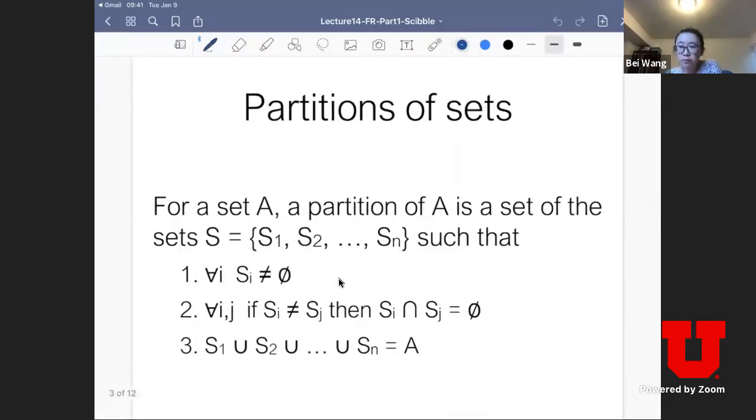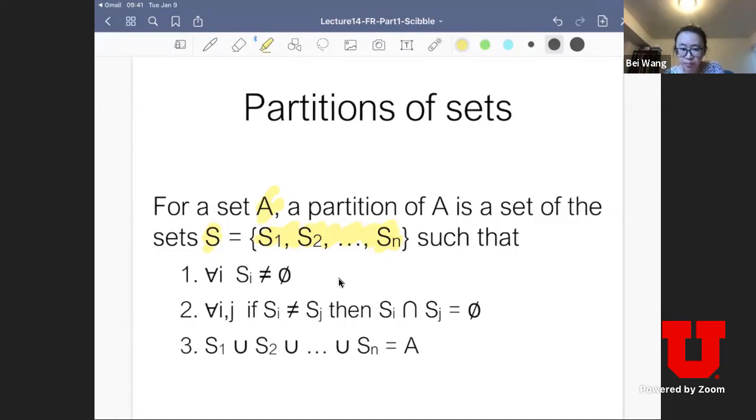All right, so first of all, let's review partitions of sets. If you have a set A, a partition of set A is a set of sets S which partitions the set into, say, n sets, such that each of the subsets is non-empty.